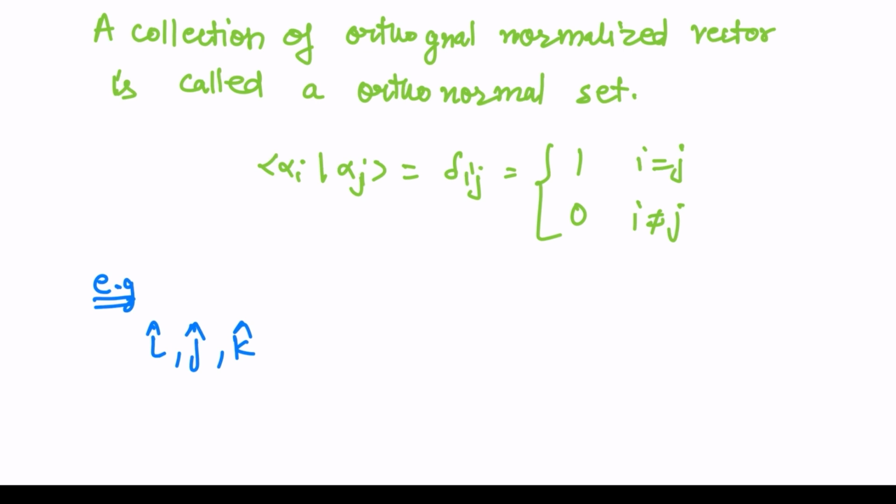This is the easy way to write a normalized and orthogonal set. So if i and j are not the same, then the inner product needs to be 0, and when you are taking the inner product with itself, then the norm should be 1. So this symbol is generalizing that notion of an orthonormal set.